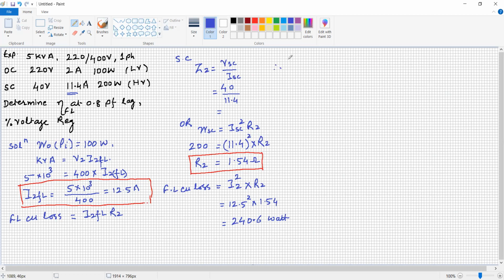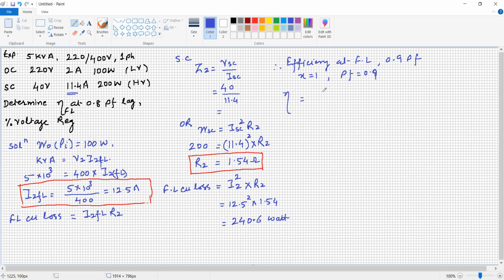Therefore, efficiency at full load and 0.9 power factor. So here x is equal to 1 and power factor is equal to 0.9.